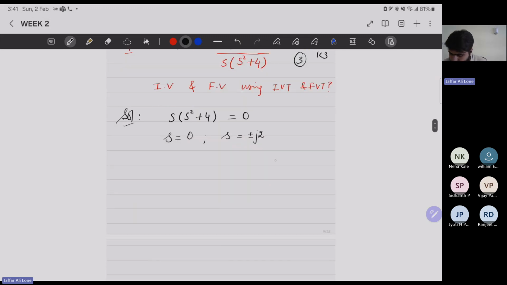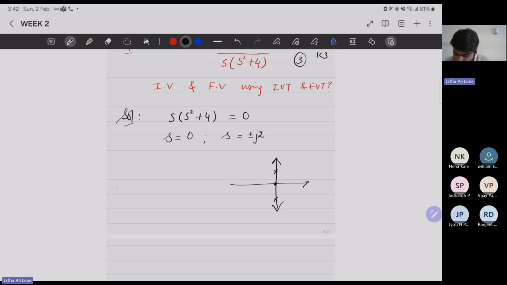If we plot this, s equal to 0 is here, and then we have one pole here and one pole here. So we have more than one pole at the origin, so we cannot apply the final value theorem. But there is no such condition for the initial value, so we should be able to find the initial value.